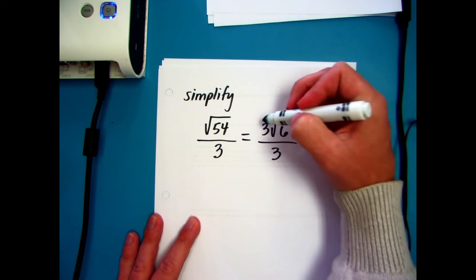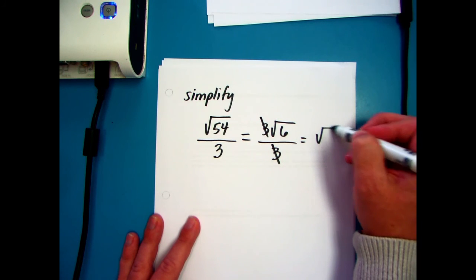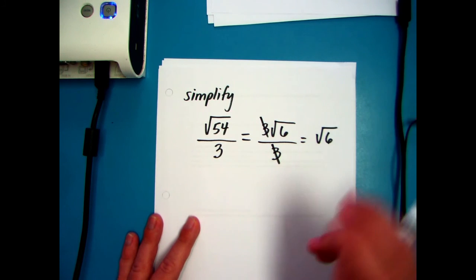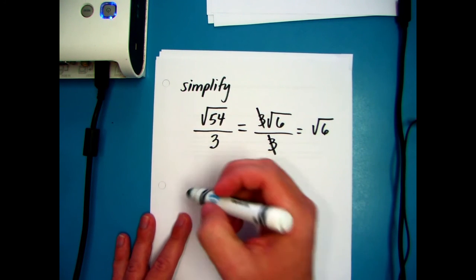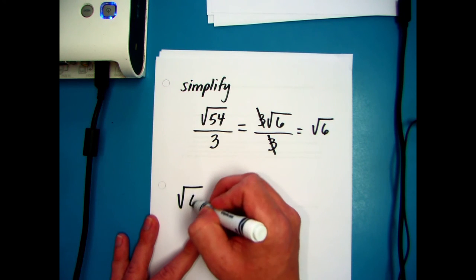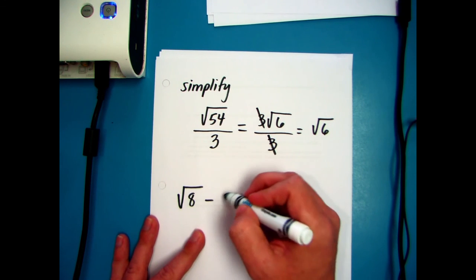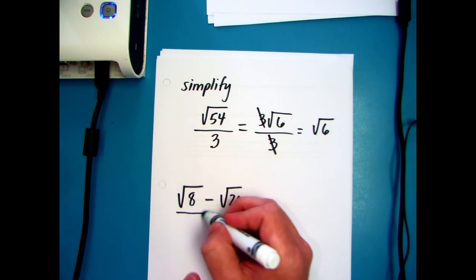Square root of 54, we now know to be 3 root 6. That makes it more apparent what can cancel with the denominator. In this case, 3 can cancel with the 3 in the denominator, leaving us with just root 6, a much more simplified form than square root of 54 all over 3.